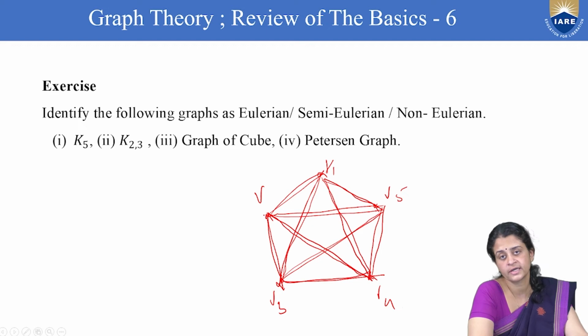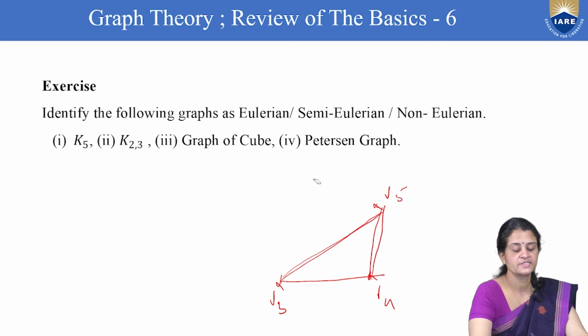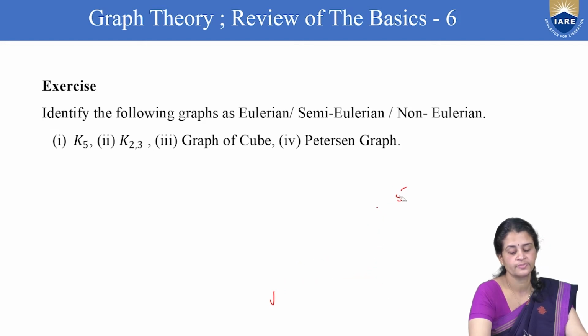Yeah, it's Eulerian, right? Thus K5 is Eulerian. What about K2,3?